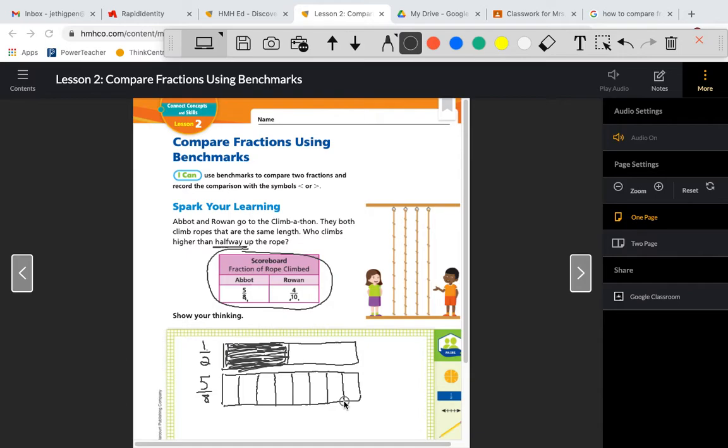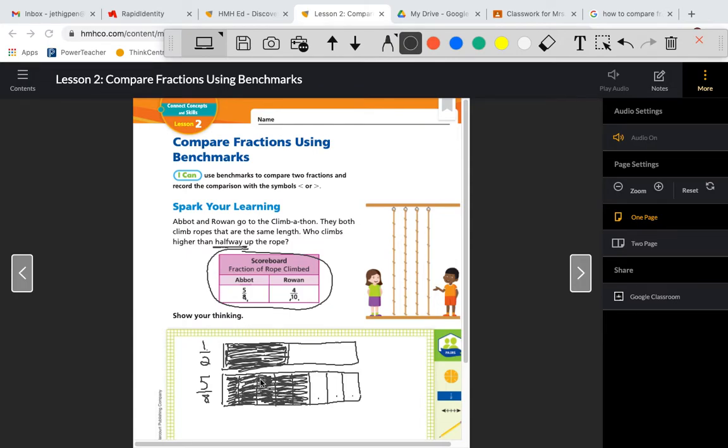Let's make sure we have 8 equal parts. 1, 2, 3, 4, 5, 6, 7, 8. Now we're going to shade in 5 of them. So 1, 2, 3, 4, and 5. So we've shaded in 5 of those parts.